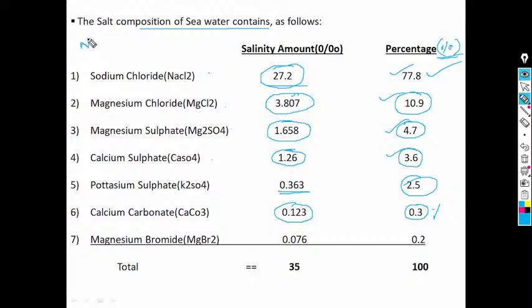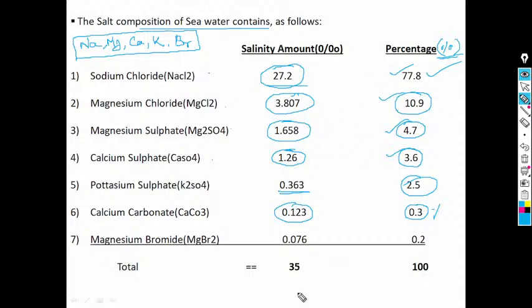The elements that make seawater salty are sodium, magnesium, calcium, potassium, and bromine. These are the main elements which make the seawater salty.